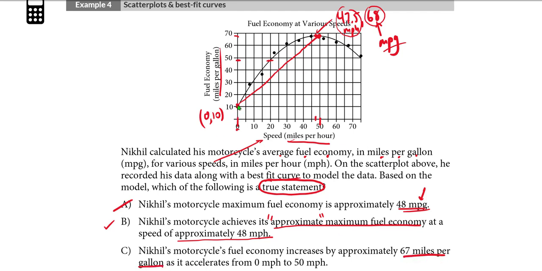We go from 10 miles per gallon to about 68. 68 minus 10 is actually 58 miles per gallon. So if we were increasing our fuel economy, we would be increasing by 58 miles per gallon, not about 68. So that doesn't seem to be correct.